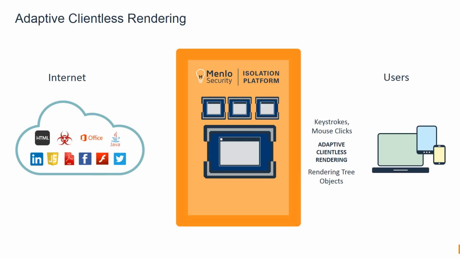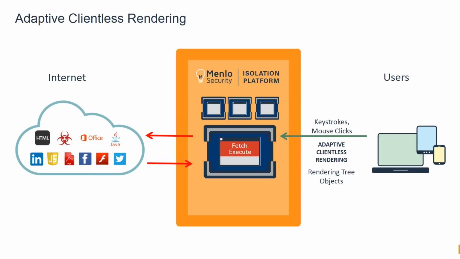So how do the visual elements from the isolated browser get to the user's browser without any plugin and without any endpoint software? That's the function of the adaptive clientless rendering. Adaptive clientless rendering technology synchronizes the visual elements generated in the container with the user's browser.